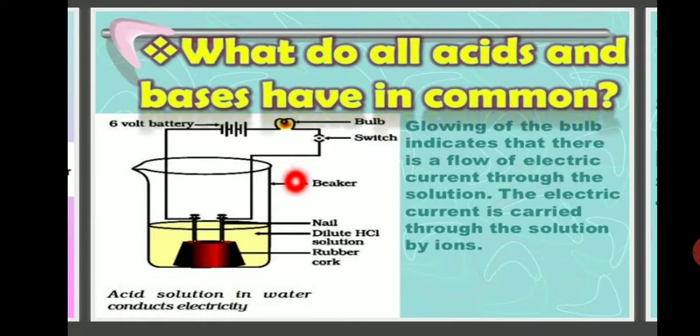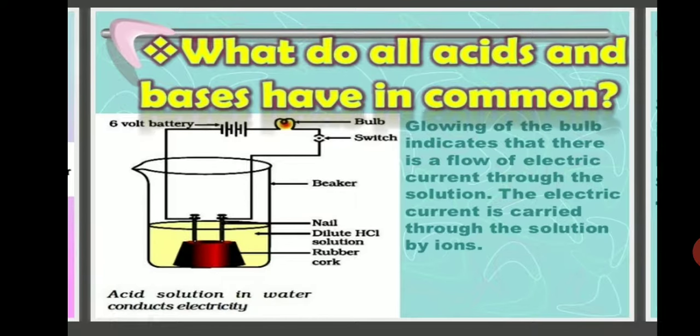That means this positively charged hydrogen ion enters into the solution as H plus ions, so an acid contains hydrogen ion. That is the common case in the acids.